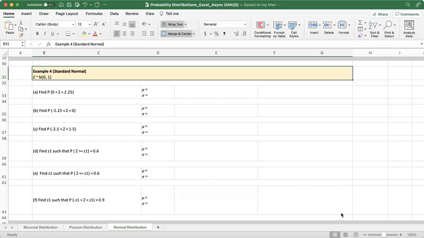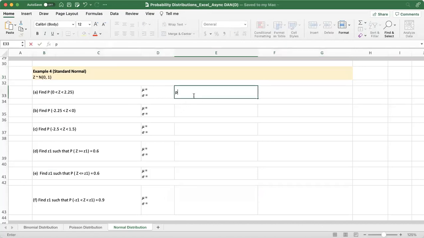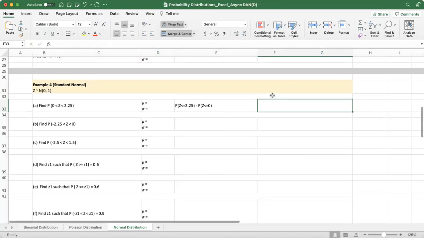So we want to find the area between 0 and 2.25, and we'll do that by using our cumulative functions this way, less than or equal to 2.25 minus less than or equal to 0. I'm just following the same principles that we used in the previous video.